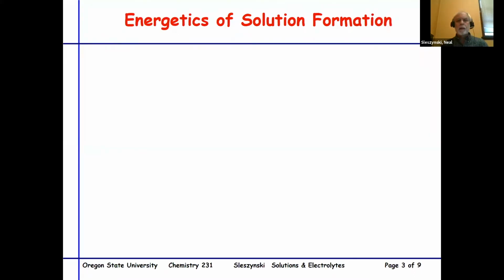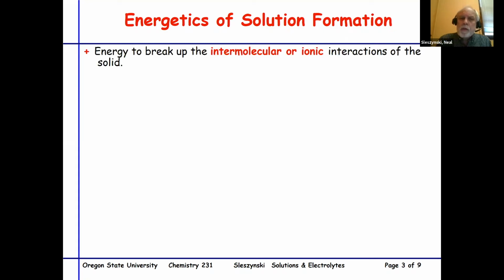Let's talk for a minute about the energetics of solution formation. If energy is the reason for everything, we should be able to parse out individual energy terms that tell us whether or not a material is soluble. The first energy term we need to consider is the energy necessary to break up either the intermolecular or ionic interactions of our solute.